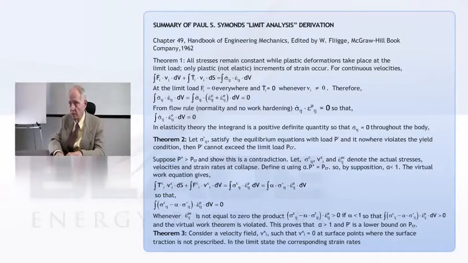And through straightforward arguments, he says this quantity has to be greater than 0. And if alpha is less than 1, then that's not going to be true, and you would violate the virtual work, what he calls the virtual work theorem. And so that proves that the load that you've guessed is a lower bound on the actual.